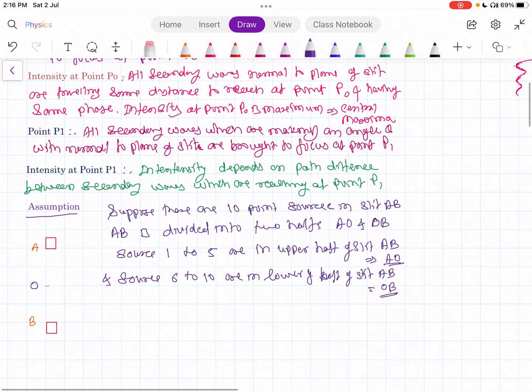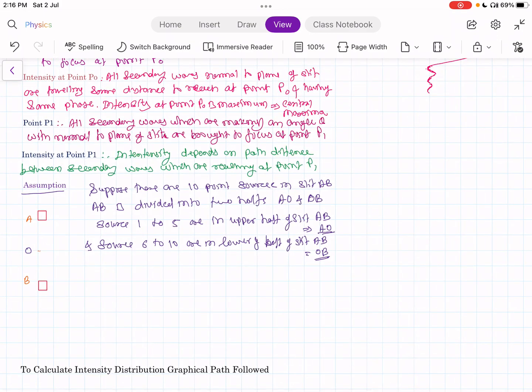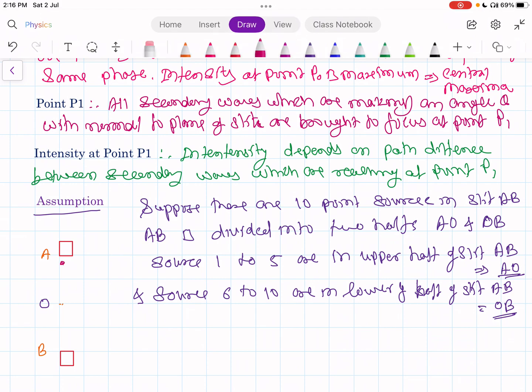Let's show that in this diagram. Here there is number 1 source, number 2, number 3, number 4, and number 5. So these are the 5 sources in the upper half of the slit AB, and this is, let's say, 6, 7, 8, 9 and 10. So this is the source 6 and this is the source 10. This is source 1 here and this is source 5 over here.